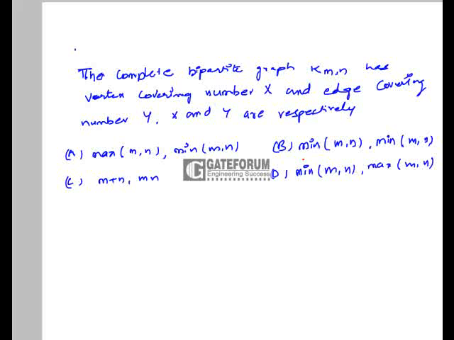In order to solve this problem, let us take one example. Let us take a complete bipartite graph with 3, 4 vertices. So one side there will be 3 vertices and the other side there will be 4 vertices.